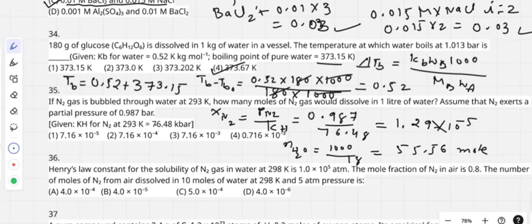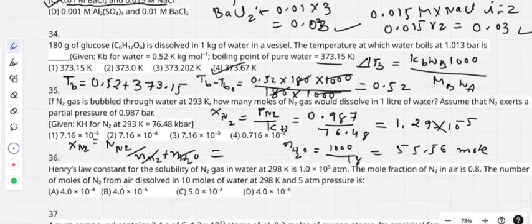Therefore, the mole fraction X of nitrogen is equal to N of nitrogen divided by N of nitrogen plus N of water. But N of nitrogen is very small compared to N of water, so I can neglect it in the denominator. Therefore, the mole fraction of nitrogen is the number of moles of nitrogen divided by the number of moles of water.